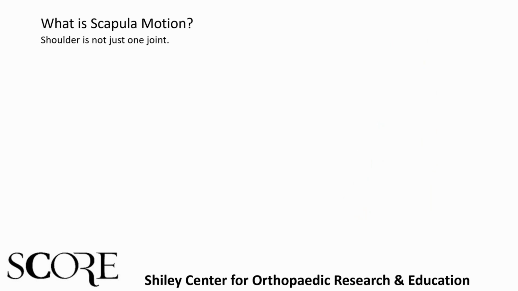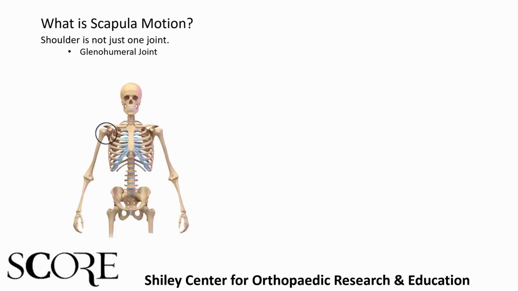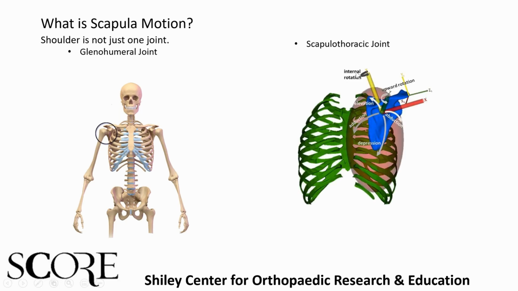So what is scapula motion? The shoulder joint is not just a single joint, it's several joints. And the most obvious one is the glenohumeral joint, the joint between the humerus and the scapula. But along with the glenohumeral joint, there's also a scapulothoracic joint. The scapula can also move on the surface of the thorax.